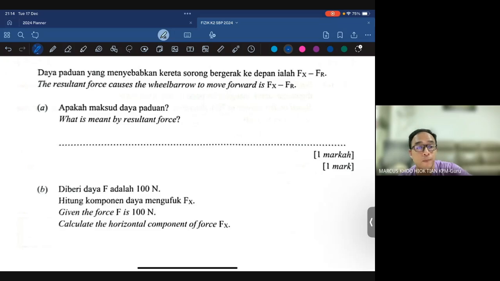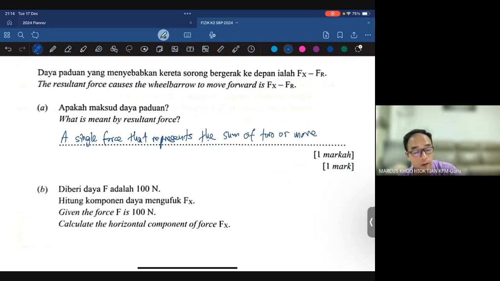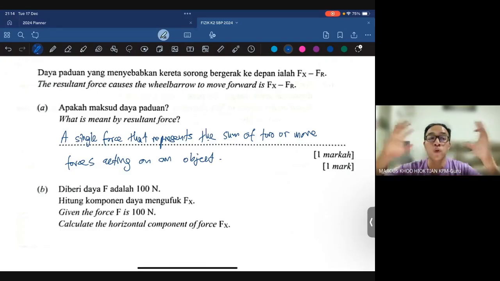Resultant force is a single force that represents the sum of two or more forces acting on an object. One force that represents the total of all the forces acting on that one object. That will be the resultant force.